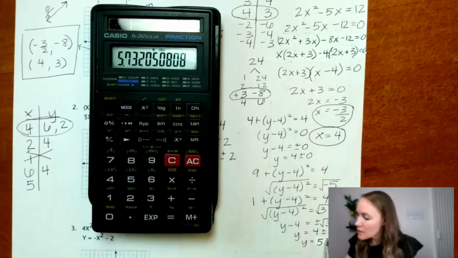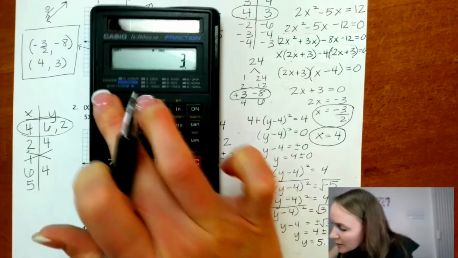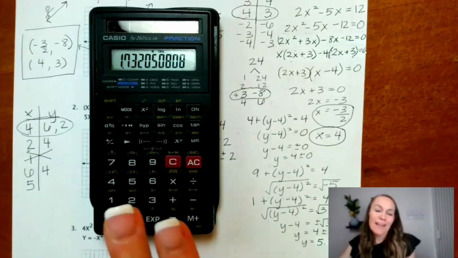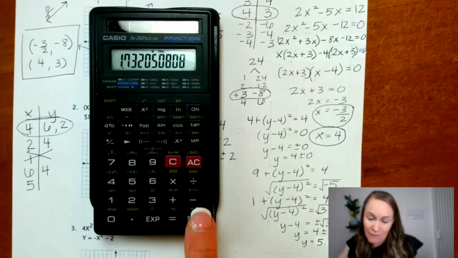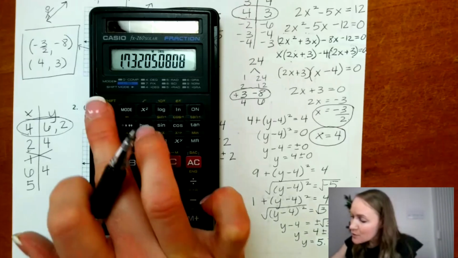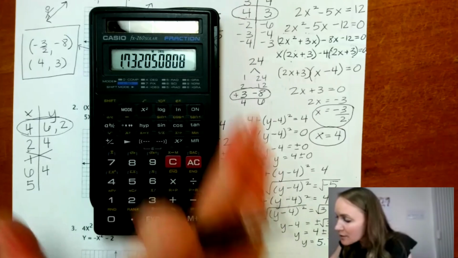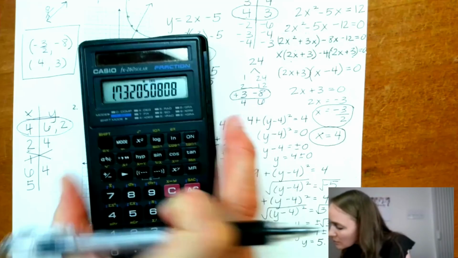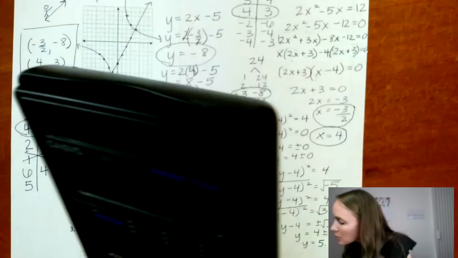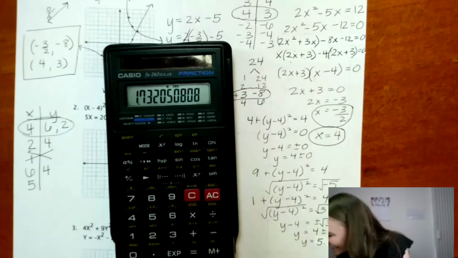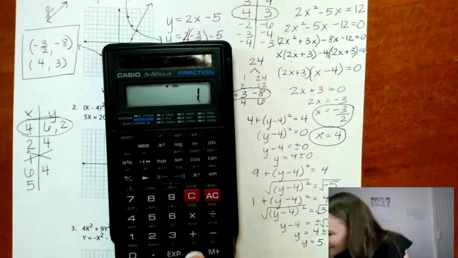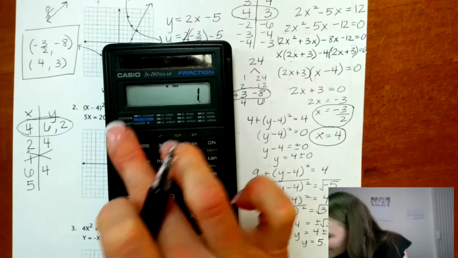And then for my next one, I have to do that 3 root thing again. And then I have to make this negative. So I actually need to multiply this by a negative value. I have to go shift and then this button right there. Does that do it? Equals. Nope. I'm just going to multiply it by -1. Maybe that'll work. Come on.